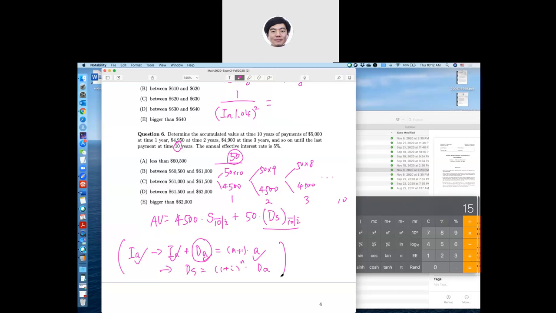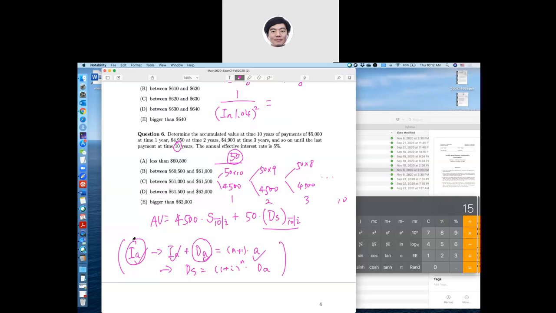So limit the number of formulas you are trying to memorize. We only have very limited processing power. You wouldn't be able to memorize all the formulas. There's no way you can do that. That's why I always emphasize the relationships between all those annuities, PV, AV. The fundamental is always the immediate. Once you are able to figure out the immediate, everything else comes rather naturally.